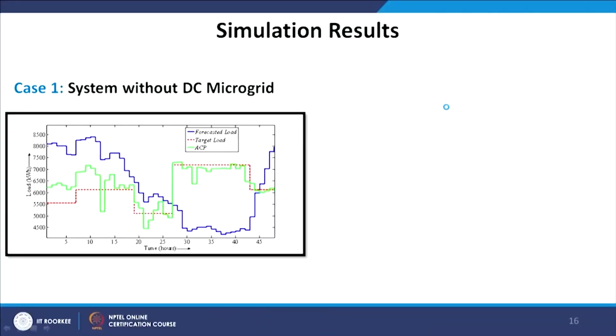Now, if you run a couple of simulations with the opportunity of a smart grid, when you do DSM activity without smart grid and with smart grid, the results can be compared, and we have executed a case study when the system does not have a DC smart grid in place. The distribution utility executes the DSM program, and the green color shows the new load characteristic based on the actual and the desired one.